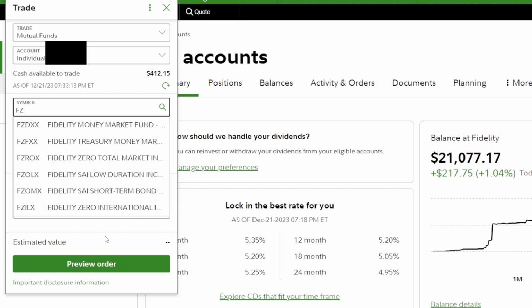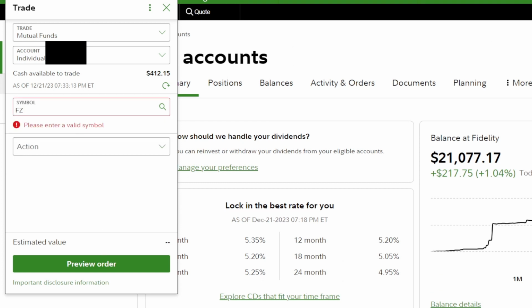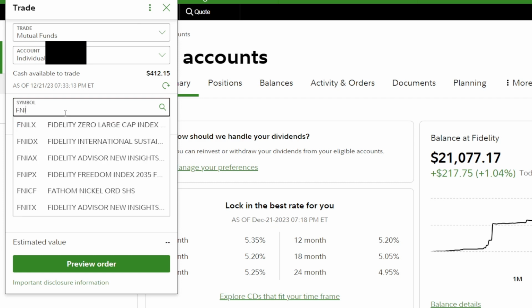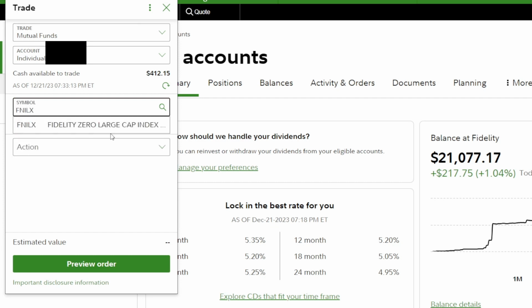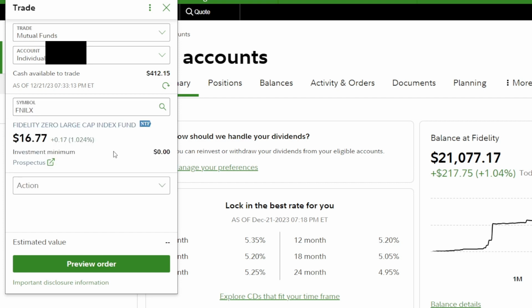Then for the next one, I think we have a large cap stock index, which is FNILX. So not Z this time, but FNILX, which is the large cap. This is think big companies like Microsoft and Apple. So it tracks mainly the biggest companies. This is something that the S&P 500 does a lot, where it takes the 500 biggest companies.